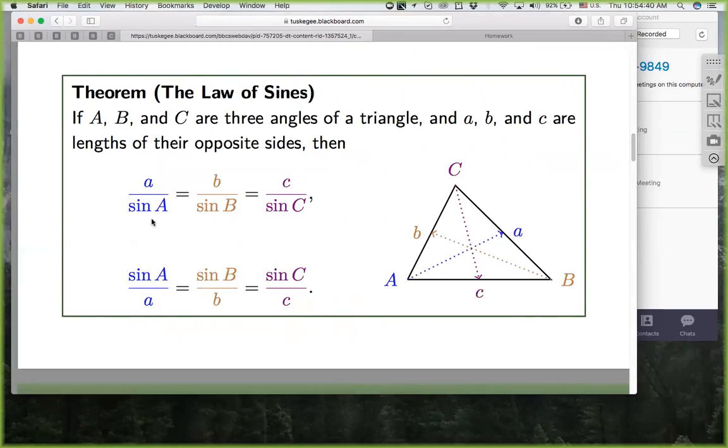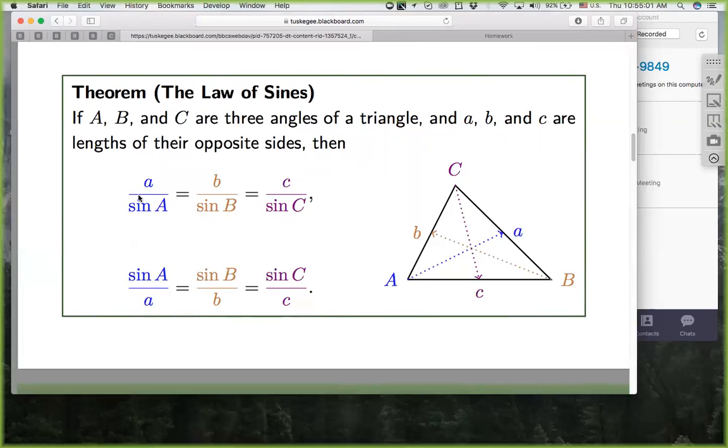So a over sine A equals b over sine B equals c over sine C. Taking the reciprocals of the three quantities, we get the second type of formula, sine A over a, sine B over b, sine C over c. They are all equal to each other.